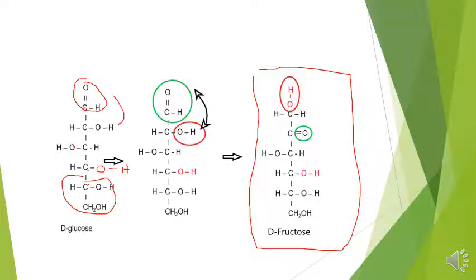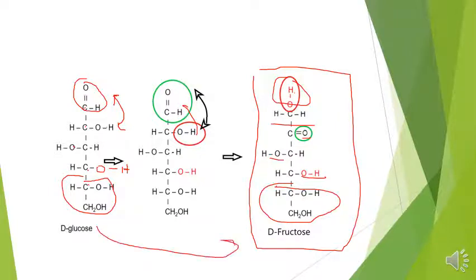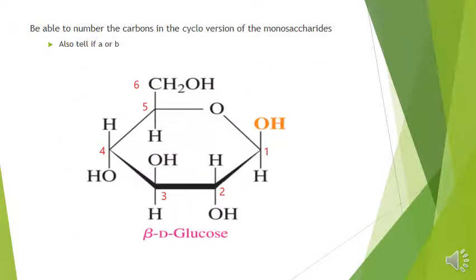Then what you do is you swap these 2. So the OH goes up here, and now the O is here. If you look at it, it still goes right, left, right, but now the top is different. So the way I like to do fructose is draw glucose, then swap the tops.